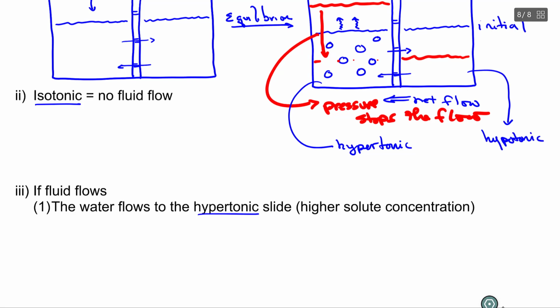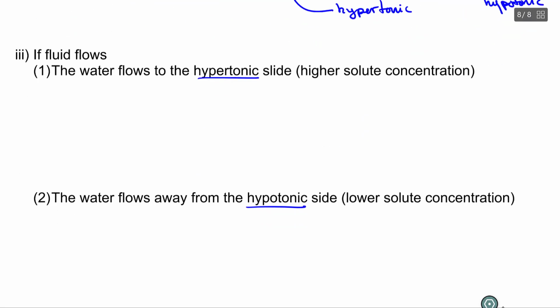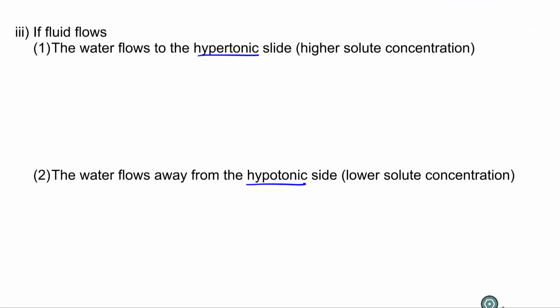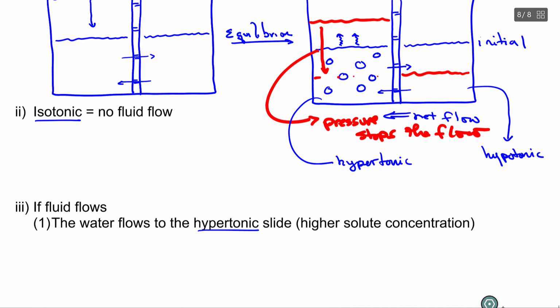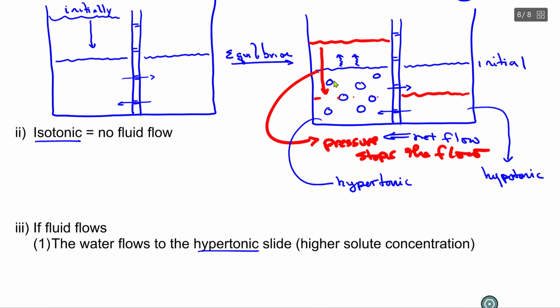The idea is, remember, the particles don't move, but the solvent moves. So the solvent moves from the side of lower concentration, in this case it's 0, to the side of higher concentration. In essence, this liquid on this side of the diagram is trying to dilute these particles down to 0.